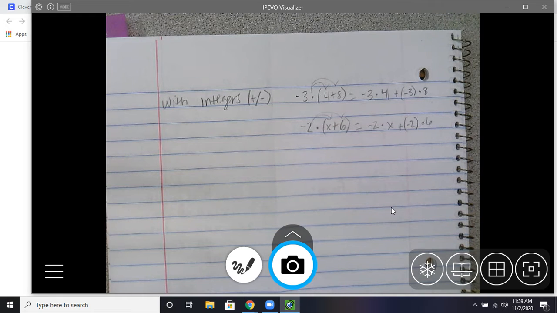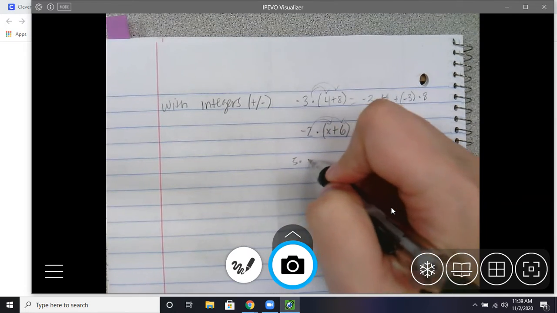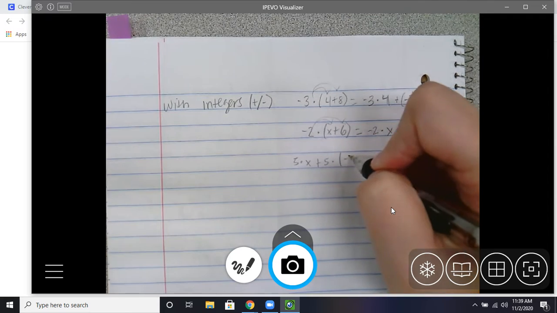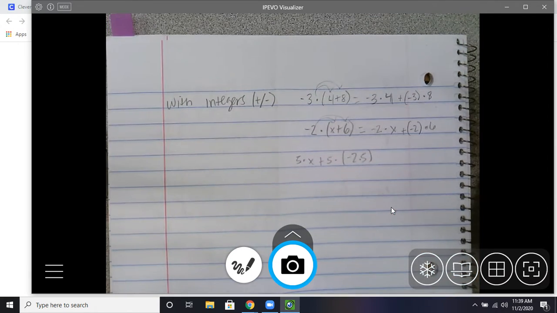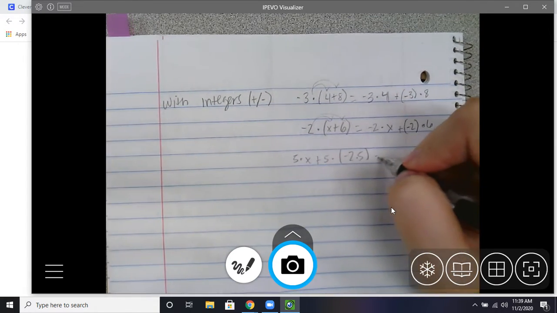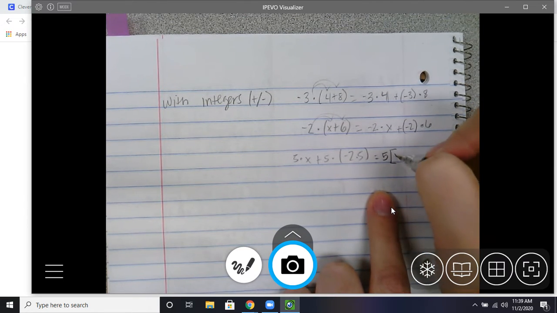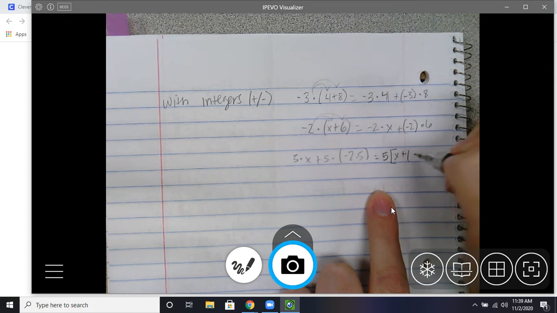And then it says when you apply the distributive property to rewrite 5 times x plus 5 times negative 2.5 as 5 times x plus negative 2.5.